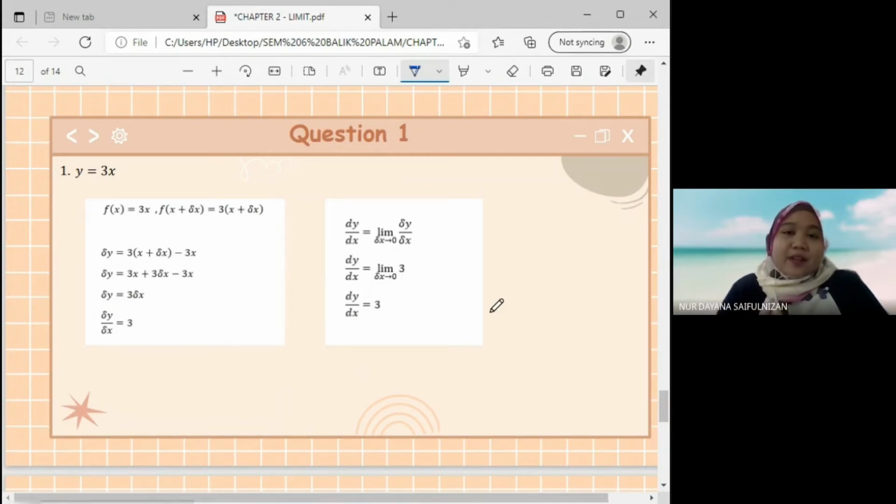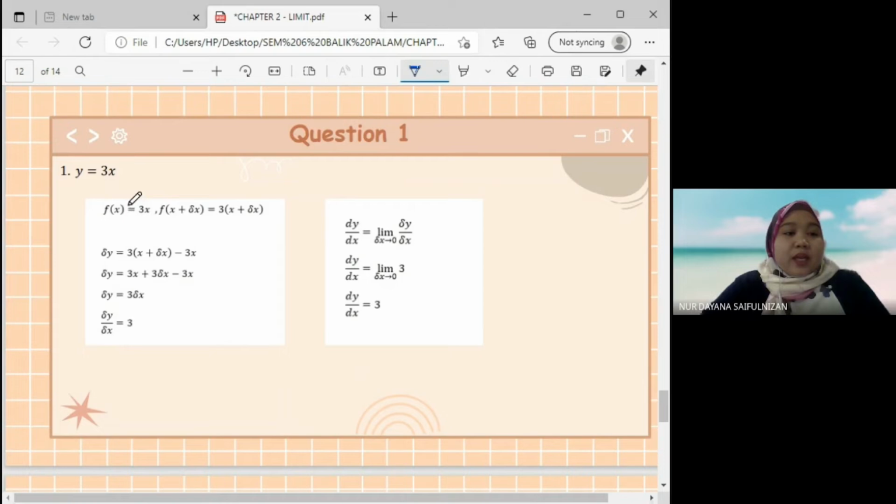I'm so sorry because now I am at my hometown and I didn't bring back my writing pad. So to make it easier, I just put this calculation here for you to understand the calculation.